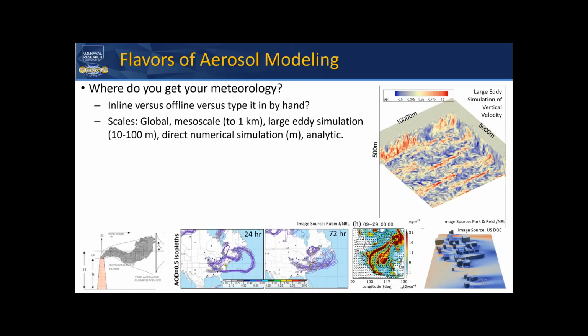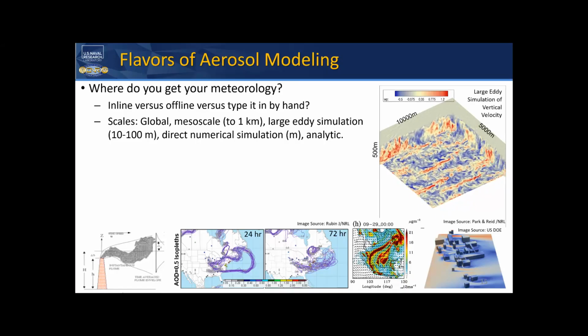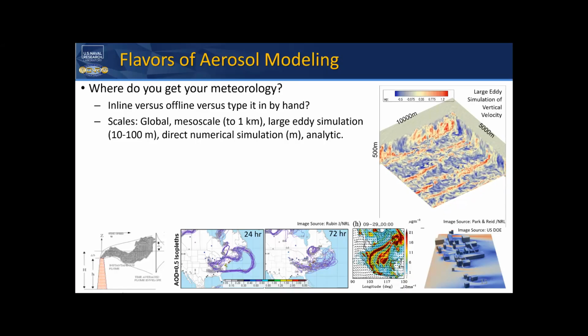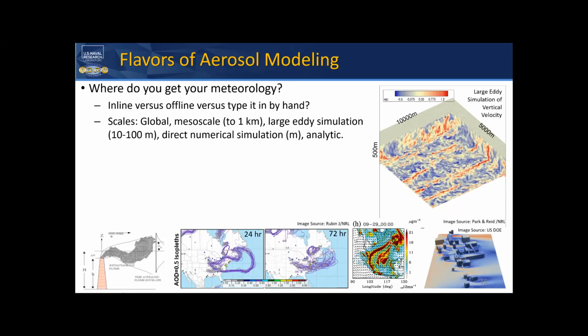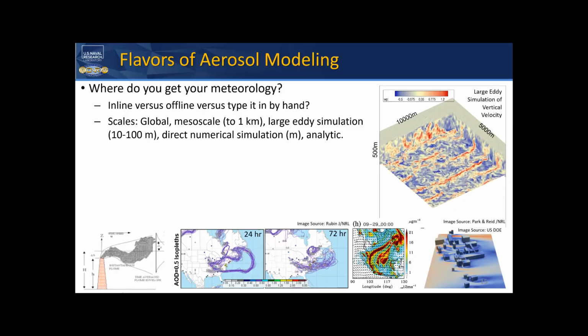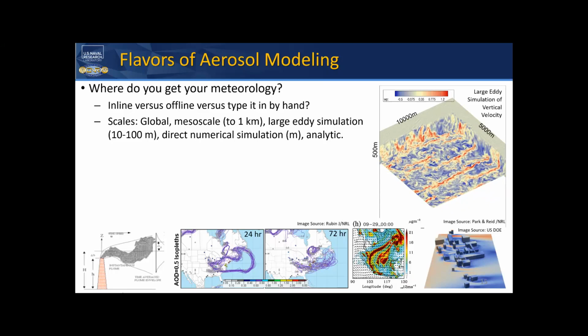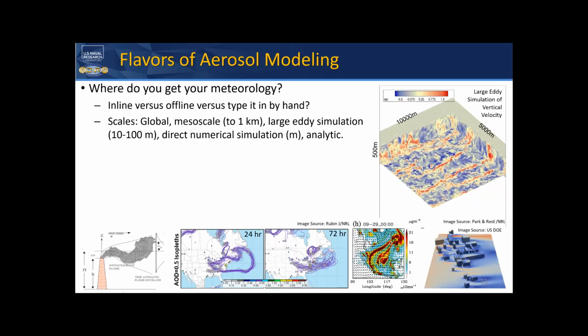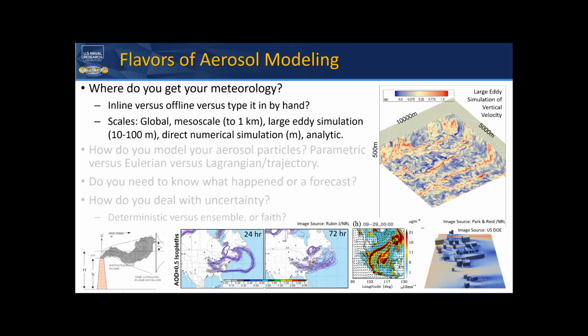So super high resolution, pretty large domain from a large eddy simulation point of view. It's a lot of work to balance things and get it to do it. But there's things that we can do at that level that you could never do in a mesoscale model or a global model in a million years. At the same time, it's just computationally impossible to run a large eddy simulation over the entire globe.